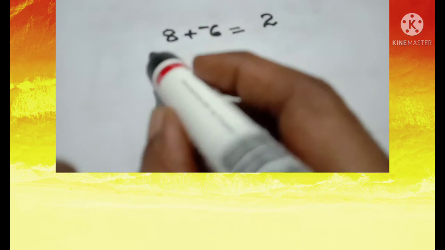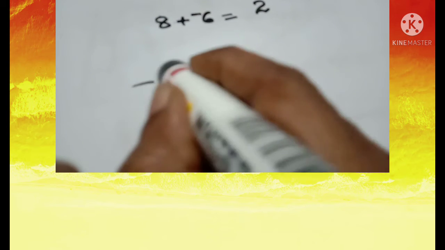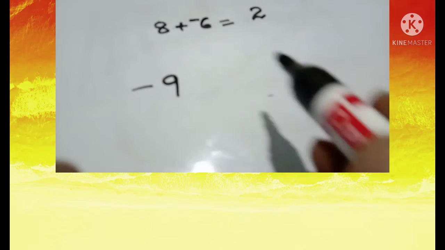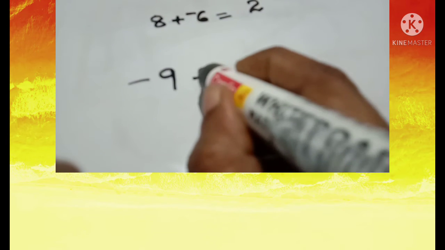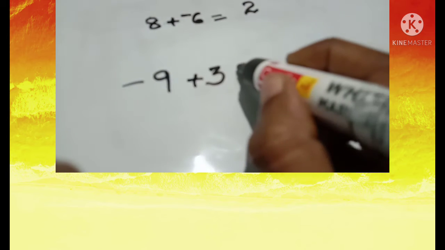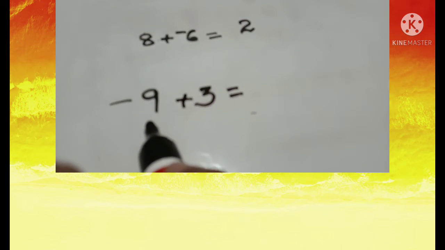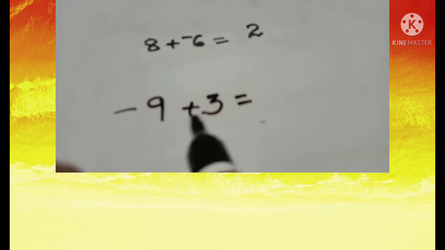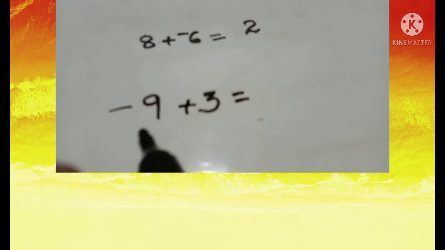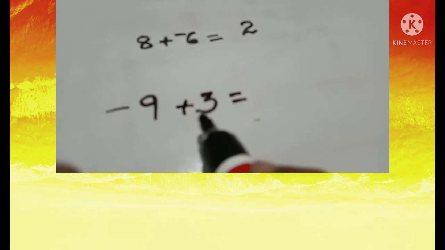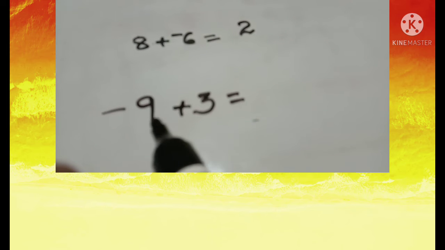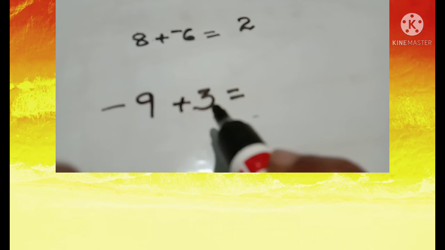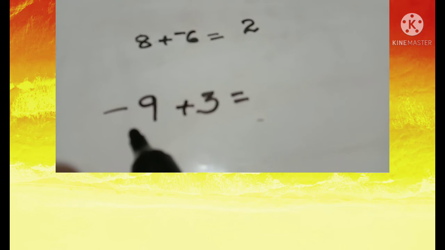Okay, now look, another example I am giving you. Minus 9 plus 3. Two different signs, right? Two integers I had given of different signs. 3 is positive, 9 is negative.